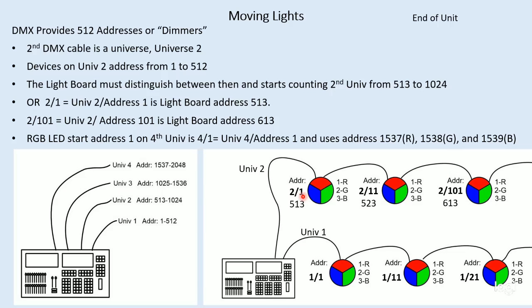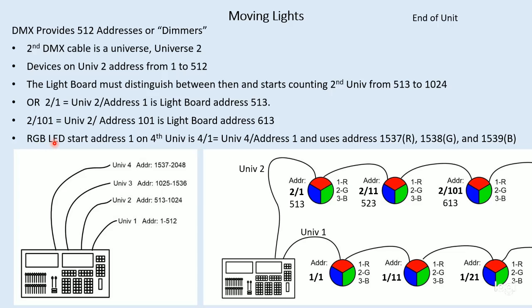So my first device is going to be at address 1, but it's connected to universe 2. My next device is going to be address 11, but it's connected on universe 2. And the light board makes this translation for us between what the universes are. The light board is treating this as address 513, address 523, address 613, but the device needs to be addressed at 2/1.